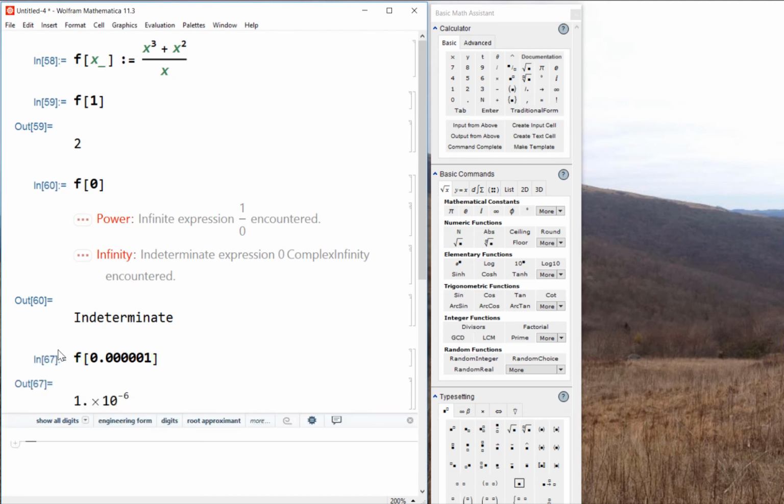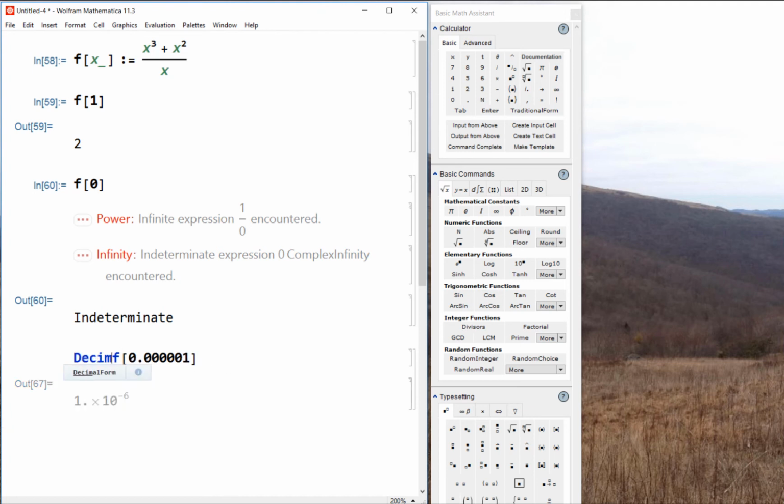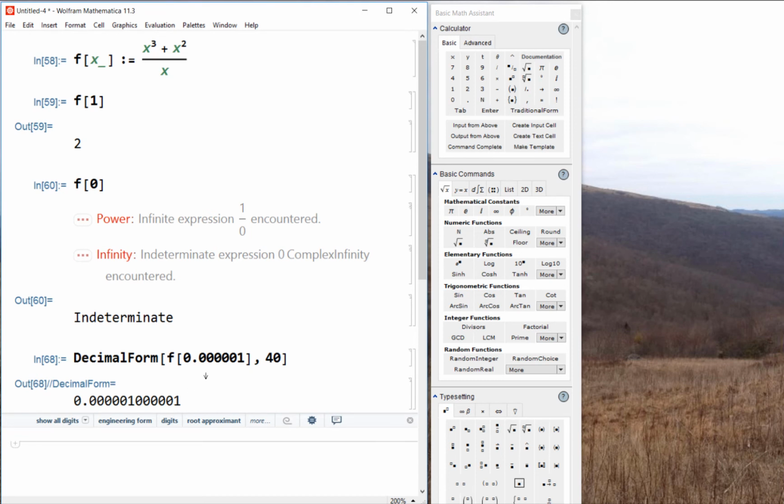We keep adding zeros. Okay, it's switched to scientific form, so let's try decimal form, and then I think we can actually ask it to carry a bunch of places. So let's ask it to carry it out to 40 places for us. Is that enough? Yeah. So there it is. Now we're back to decimal form.